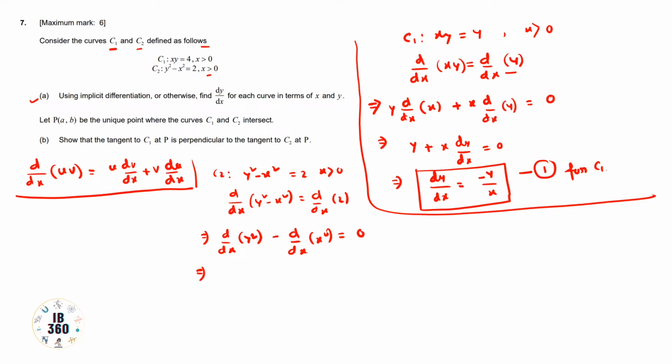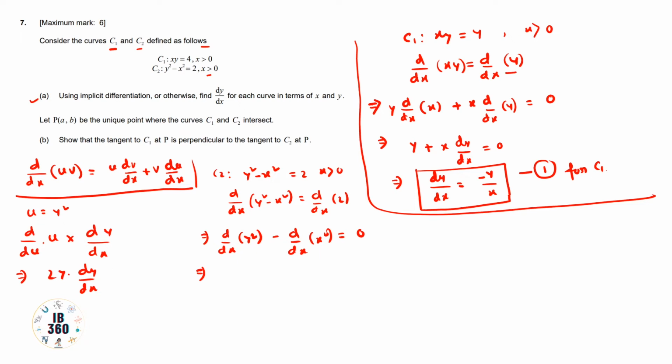Now here we use the chain rule for this differentiation. We take u equals y square, so d/du of u squared is 2u into du/dx, so ultimately we will get 2y dy/dx, because it is a function of y.